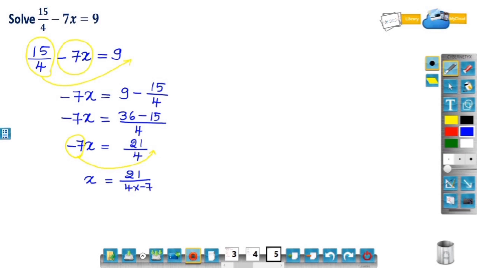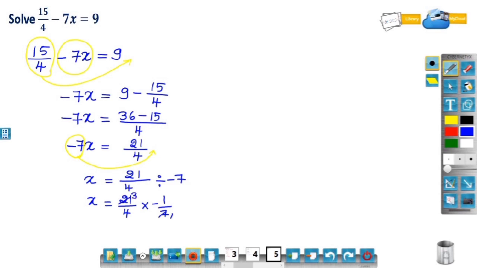Here the sign of minus 7 won't change because it is divided by. So 21 by 4 divided by minus 7. So x is equal to 21 by 4 into, take the reciprocal of minus 7, that is minus 1 by 7. 7 1s are 7, 7 3s are 21.